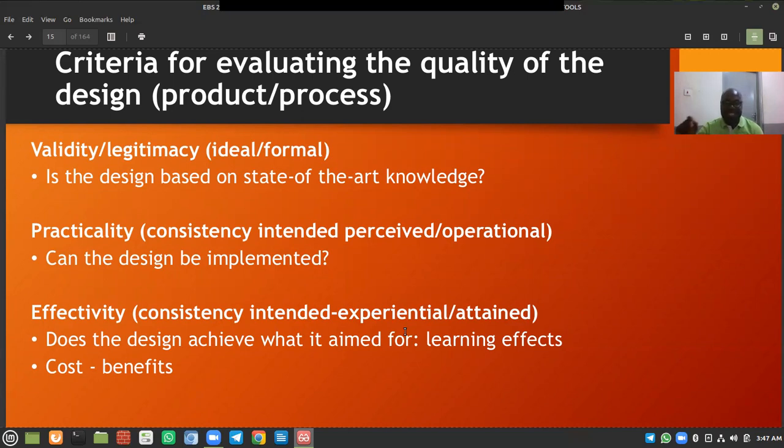Does the design achieve what it is aimed for? The learning effects, are we able to achieve them? Then the effectiveness will also look at the cost benefits. Is it too expensive to design? These are some of the valid criteria that we need to take care of when we want to ensure that the design or the product or even the process meets the desired quality.